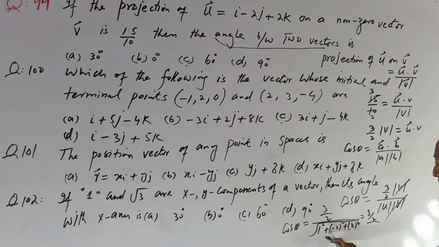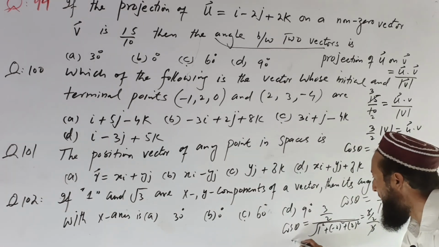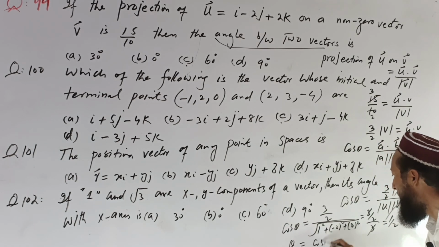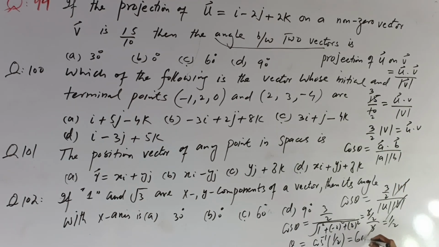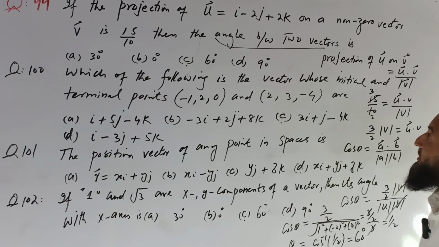We get here 1, 4, 4, which is 9. 9 under root is equal to 3. 3 cancels. We get 1 by 2. So theta is required. Theta is equal to cos inverse 1 by 2. So the result is 60 degrees. 60 degrees is the correct answer.